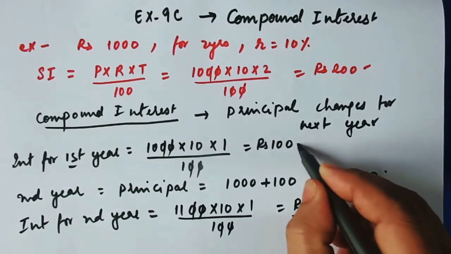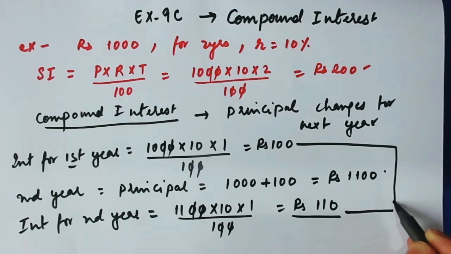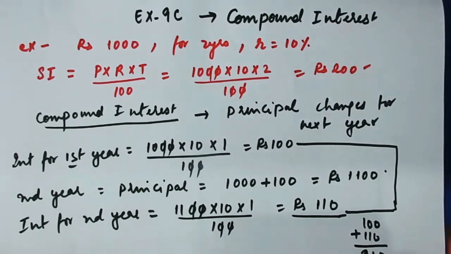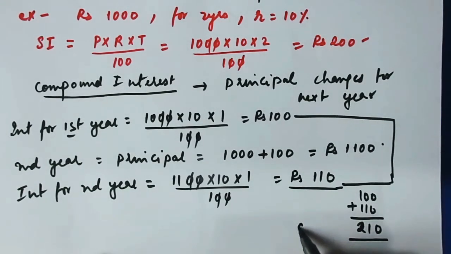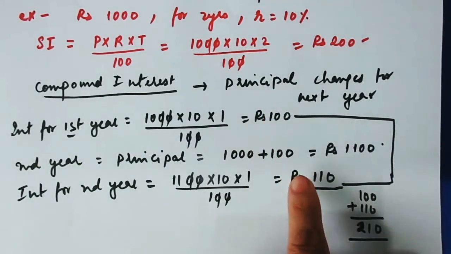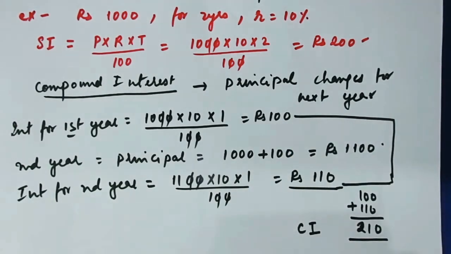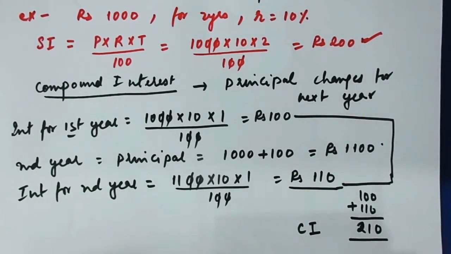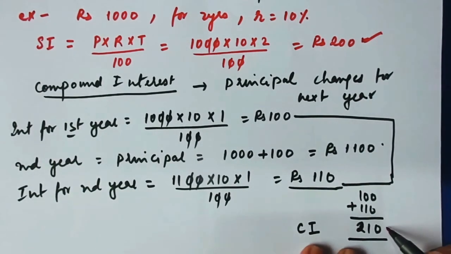Your compound interest will be equal to 100 plus 110, which is 210. Compound interest is equal to the sum of these two interests. Don't you see that previously you got simple interest as 200, but on the same sum when you found out the compound interest for 2 years at the same rate, your interest was more than the simple interest.